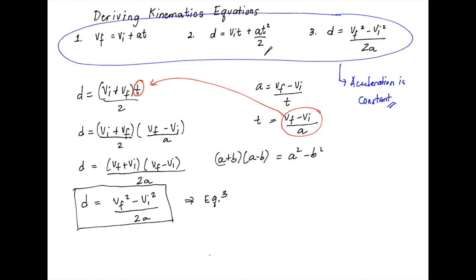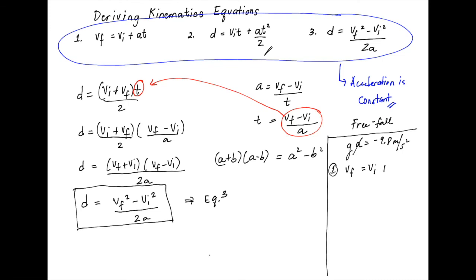Now, remember, in these three kinematic equations, a can be replaced by g if we're talking about free fall. If we have free fall, remember we have the value of a as negative 9.8 meters per second squared, and that could be written as g. So our first equation would be represented as Vf equals Vi plus gt.